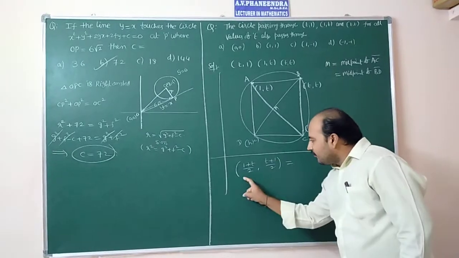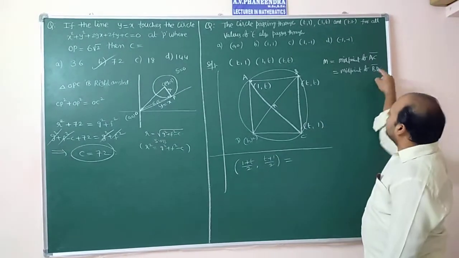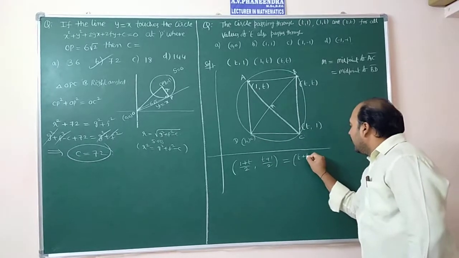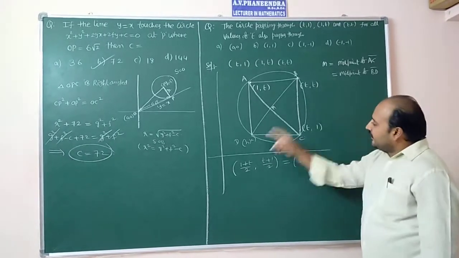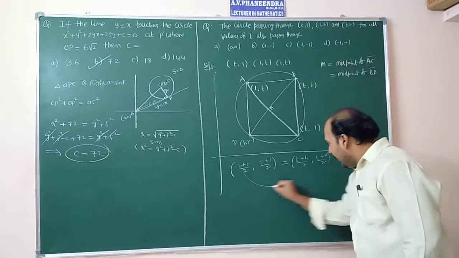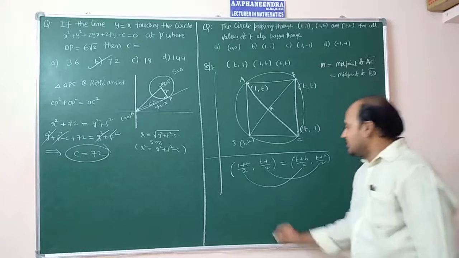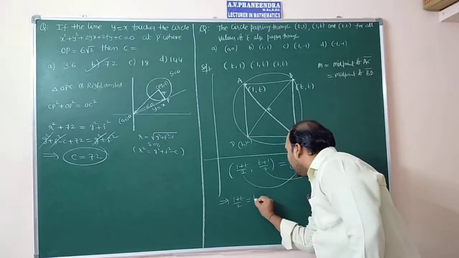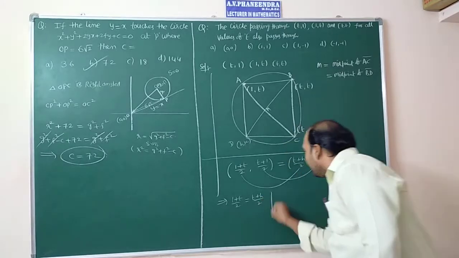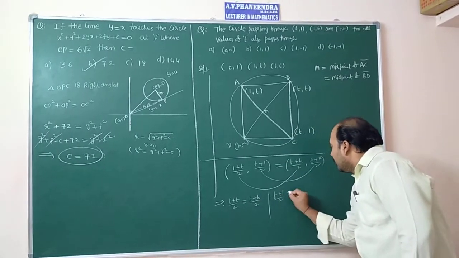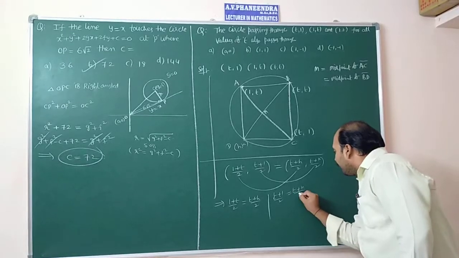This is equal to the midpoint of BD, t plus h by 2 comma t plus k by 2. Equating x coordinates, equating y coordinates, that implies 1 plus t by 2 is equal to t plus h by 2, and t plus 1 by 2 is equal to t plus k by 2.